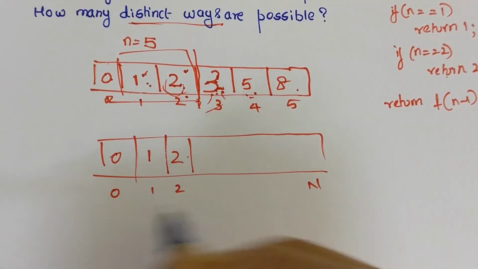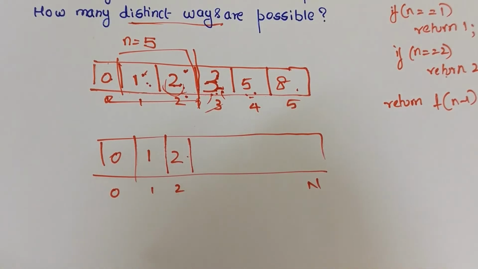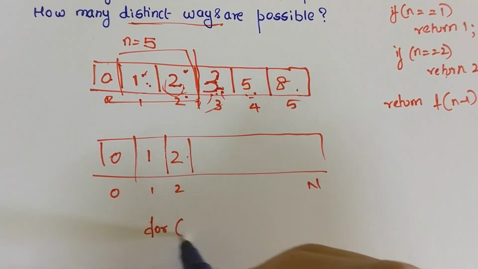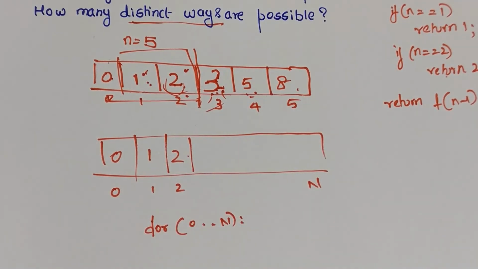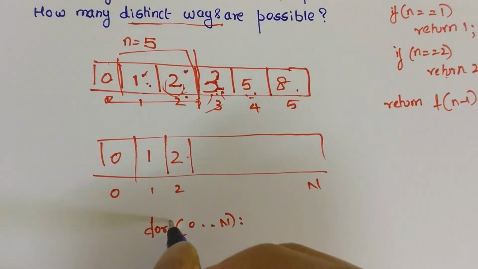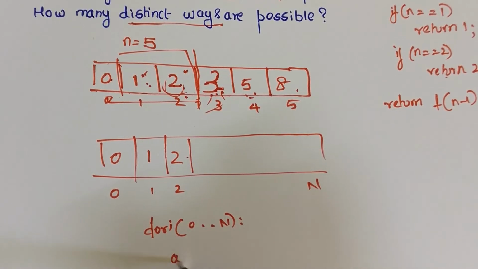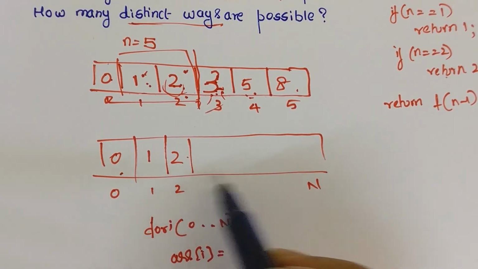So the i value will be going, not 0 to n, sorry, from 3 to n.